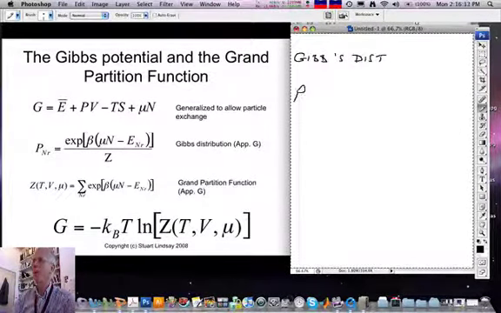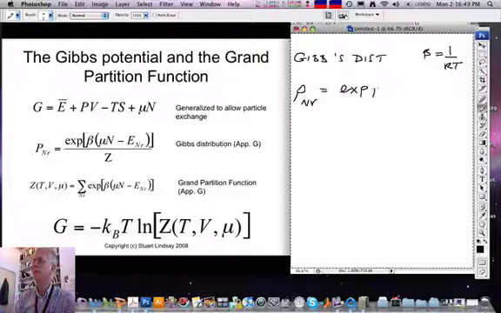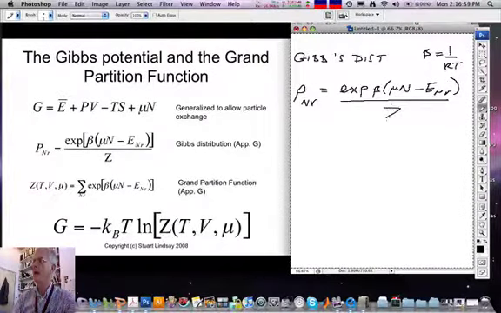It says that the probability of having n particles in state r is given by a Boltzmann factor, and beta here is equal to 1 over kT, so beta times (mu n minus E_nr), and we then have to normalize that by summing that factor over all states.